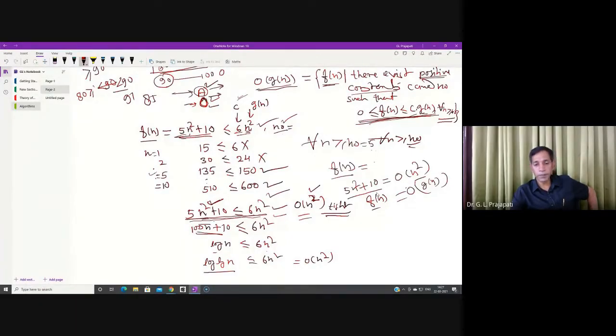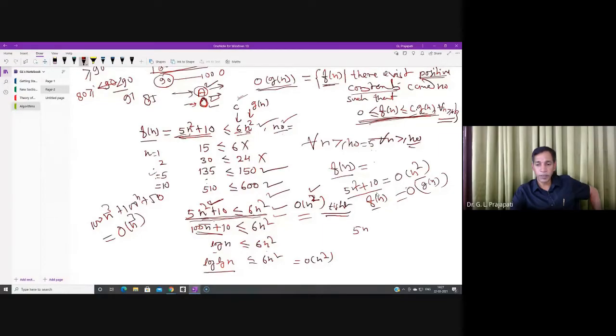See, for representing the operations, if you have, for example, 100n cube plus 100n plus 50, you just say that this is big O of n cube. What is the intuition of writing this?